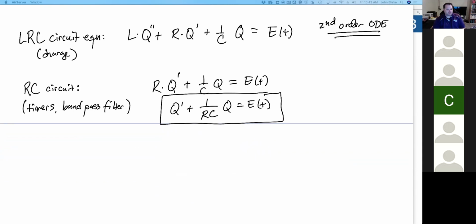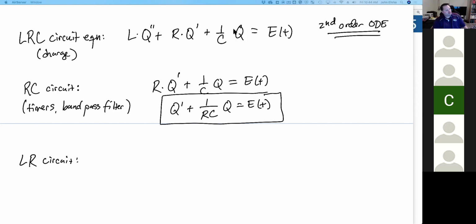Do you see another circuit that we could create? That's a first order circuit. LR. So you have LR circuits. If I'm going to create an LR circuit, I can't do that and have it remain first order if I do it in terms of charge. So LR means that C is gone.